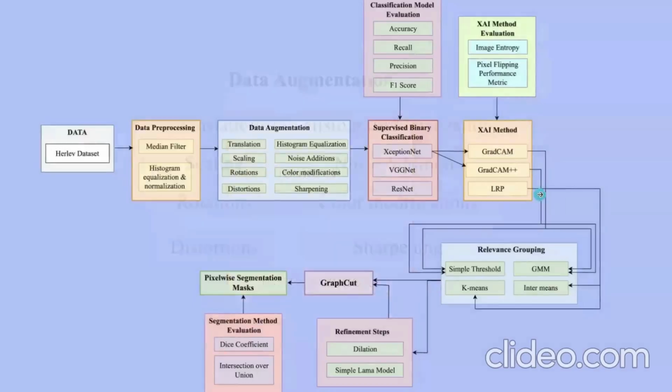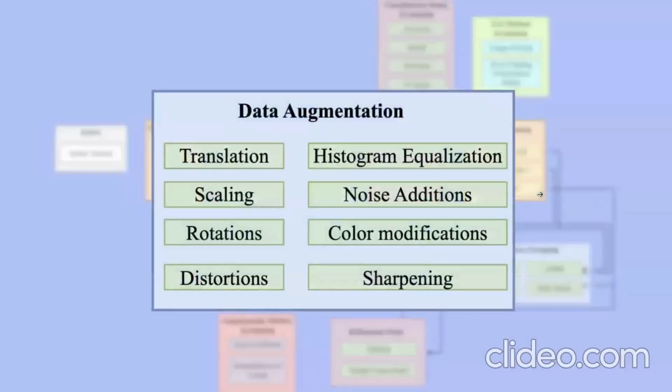To increase and balance the number of images in each class of the training set, we defined 8 sets of augmentations like translations, scaling, rotations, noise additions, and sharpening. Augmentations were chosen randomly and applied to the training images to ensure diversity.